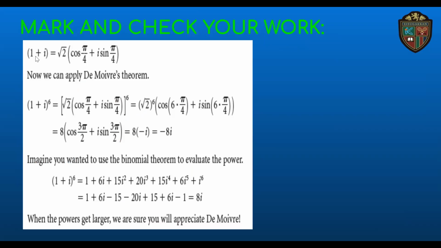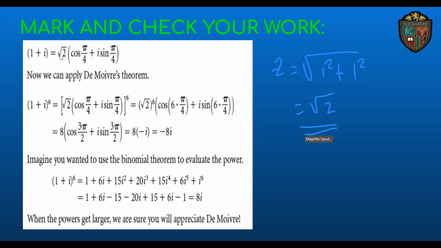transform this into trig form, where this square root of 2 is calculated using the modulus formula, where the modulus of z is equal to the square root of x squared plus y squared, that is 1 squared plus 1 squared, or the square root of 2.